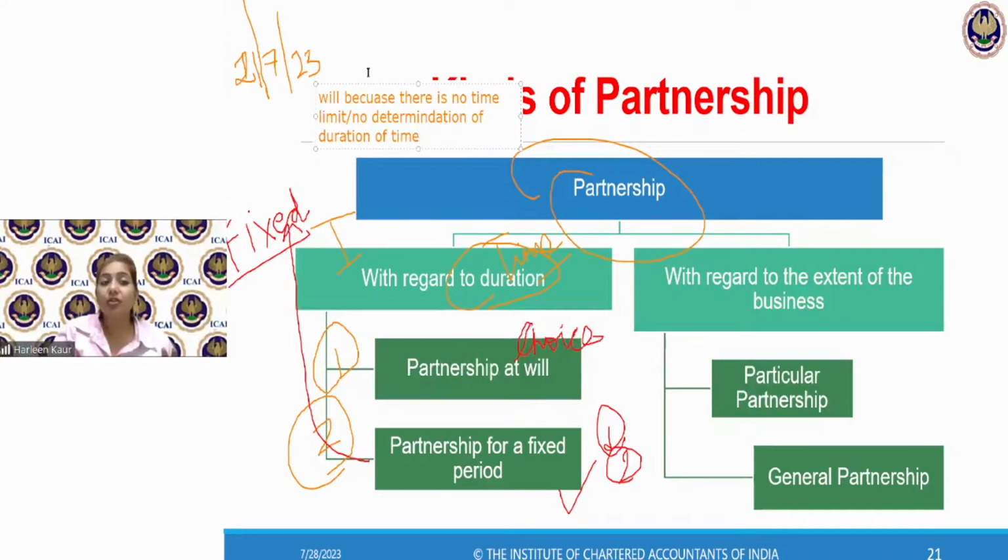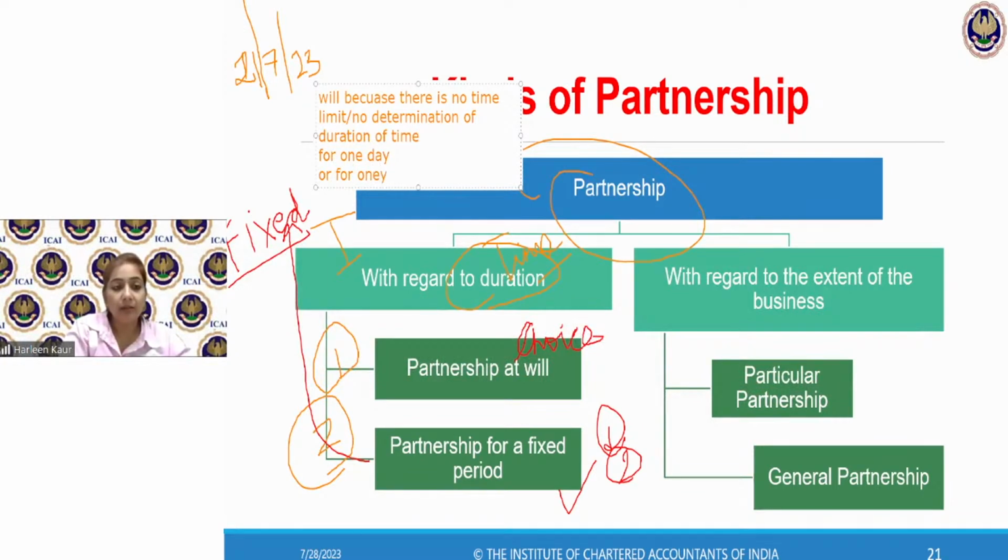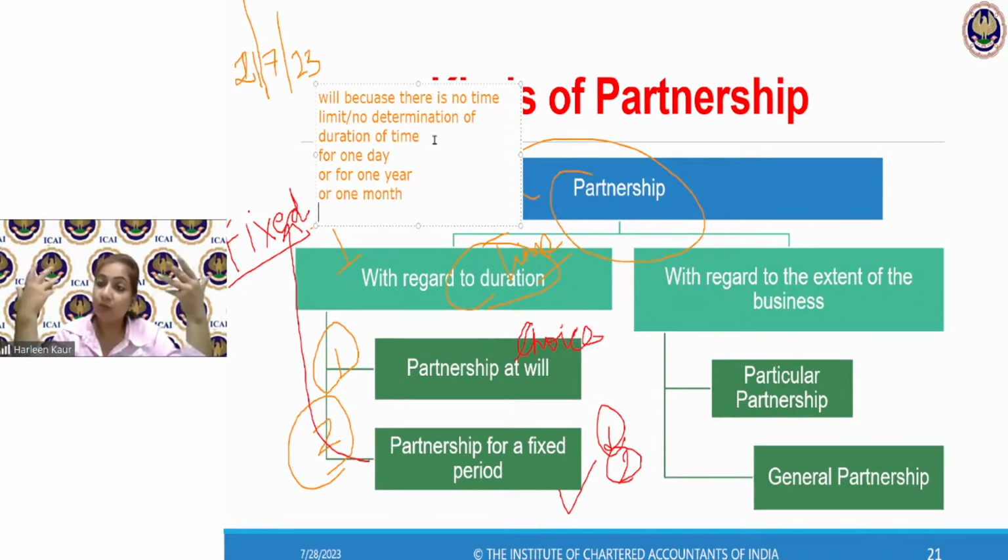So such a partnership, where it is silent regarding the time period, may continue for one day or 1 year or 1 month, whenever we want. Whenever we want to end it, we can just simply tell each other, look, I don't want to do business with you, and close. तो चली तो बरसों तक चली, नहीं चली तो शाम तक नहीं चली.